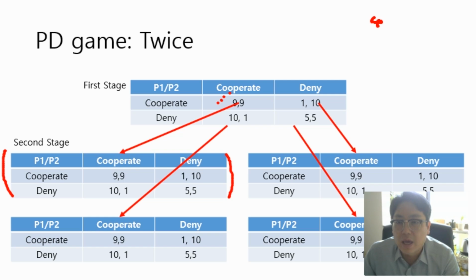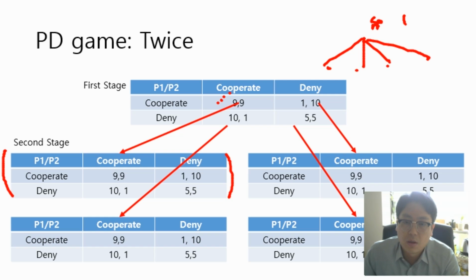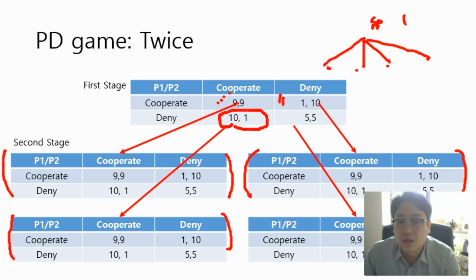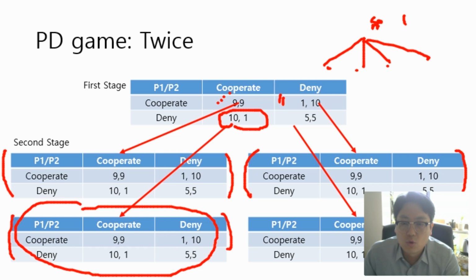If I draw a game tree, depending on the outcome of the first stage, a different game tree is constructed. If this outcome is played, then this game will be played, this game path will be chosen. And if they played this outcome in the first stage, then after taking this path, this game is played. You know what I'm saying?